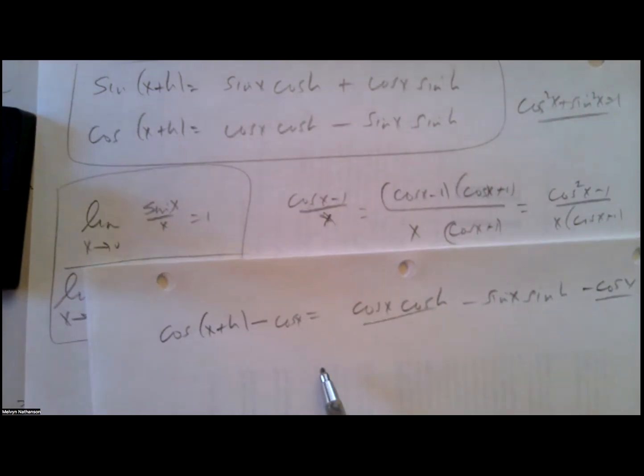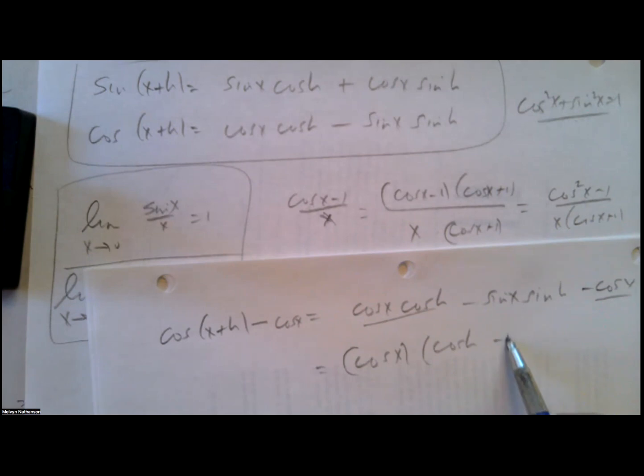So from here and here, I can factor out cosine x. And I have cosine h minus 1 minus sine x sine h. So that's the cosine of x plus h minus cosine x.